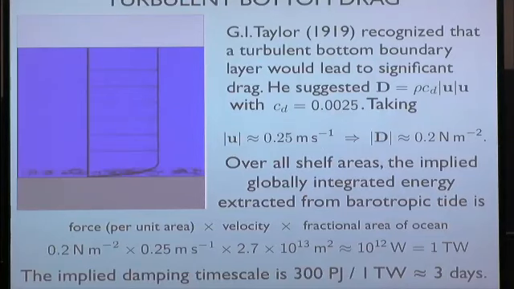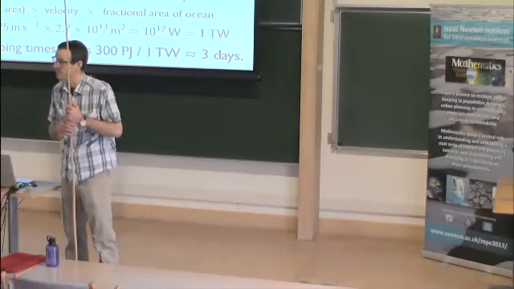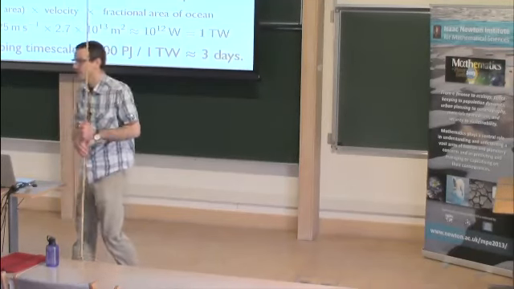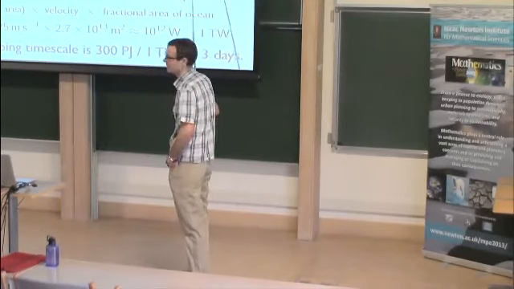Okay, so that says that, if you believe this, then 1 terawatt or 10 to the 12 joules every second are going into this bottom turbulence. And that's significant because if you take the energy of the tide, which for M2 is 300 petajoules, and divide it by this dissipation rate, you get a damping timescale of a few days, which is not a lot longer than the tidal period. Which suggests to me that this friction is actually dynamically significant.